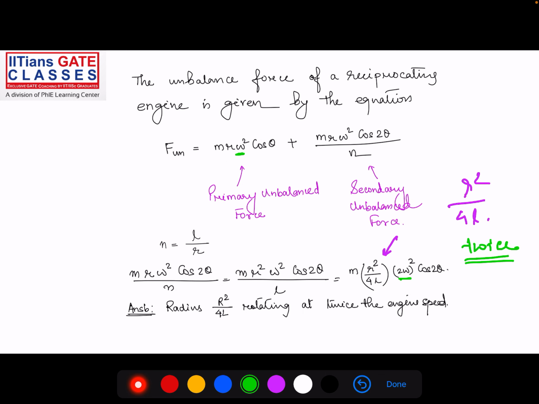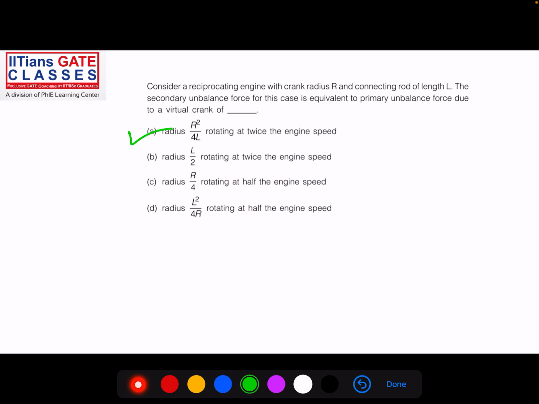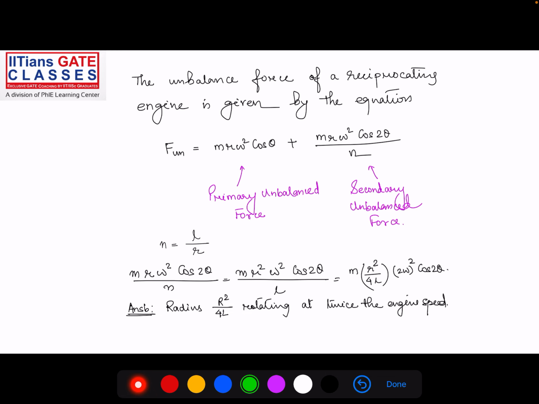Why did I arrange it like that? You might have the confusion. See, that hint you have to take from the options. What are the options? L by 2, R by 2, L square by 4R, R square by 4L. So you have to see the options. How can you manage? r square is already there in the numerator, L is already there in the denominator.